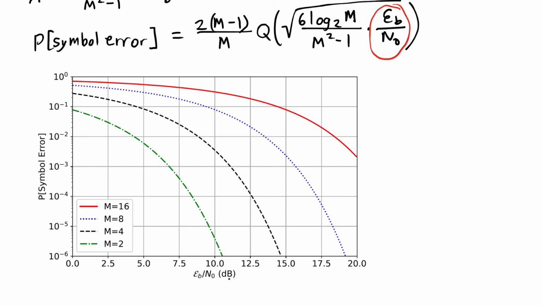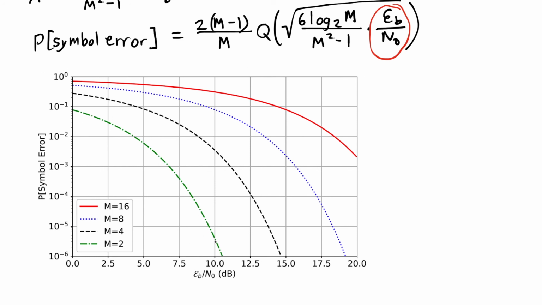So it's the 10 log 10 of the linear value of Eb over N naught. And on the y-axis, we've got another log scale for the probability of symbol error. We've got anywhere from every bit in error to 10 to the minus 6th, 1 in a million symbols is received in error.